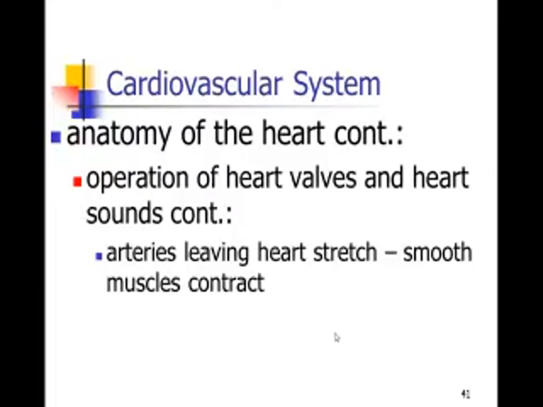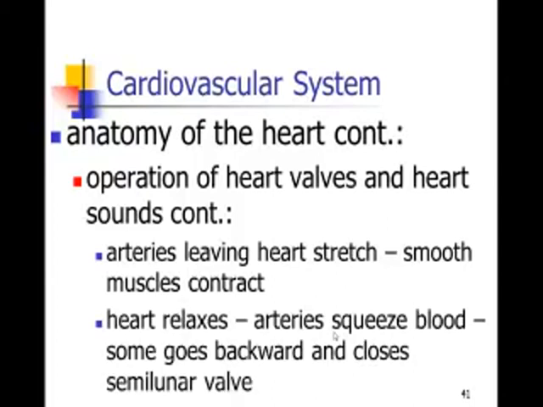They're not strong enough to get back to their original position, so they remain stretched, and they remain with sort of a tonic contraction against the blood. As soon as the heart relaxes, the ventricles relax, the arteries are still squeezing, and so the blood starts to leave the arteries, and some of it goes backward toward the heart, and when it does, it closes the semilunar valves that were just open a moment ago.